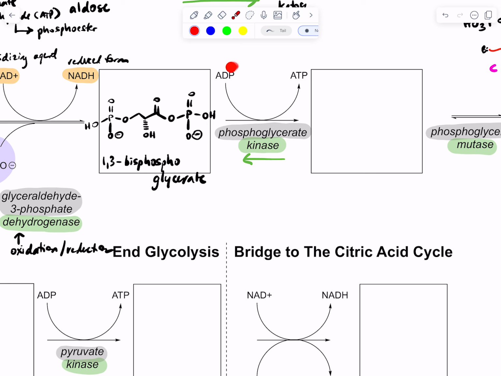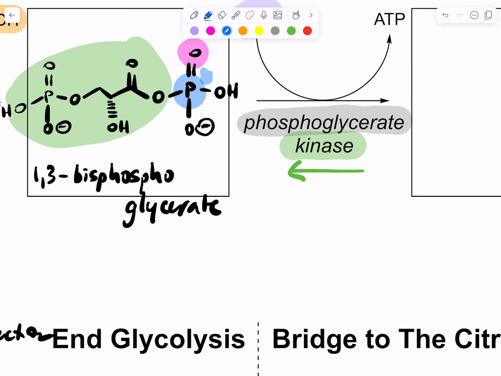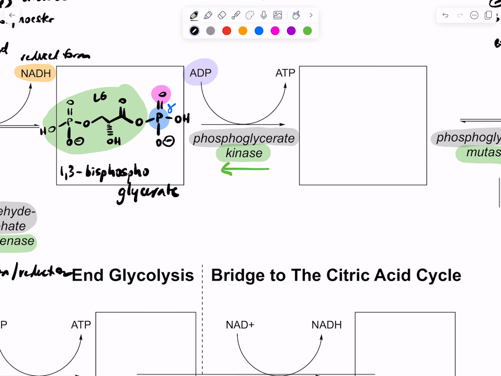You can see that in the forward direction, ADP is going to be the nucleophile, and it's going to attack this phosphoryl group, and everything over here is going to be a leaving group. That phosphoryl group becomes the gamma phosphate of ATP. All of this is the leaving group.